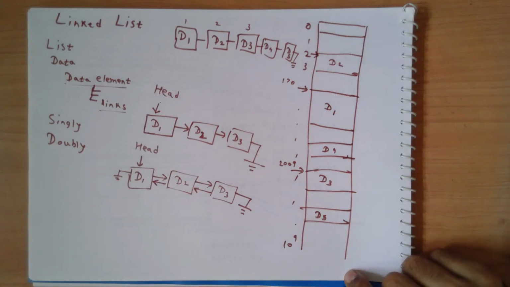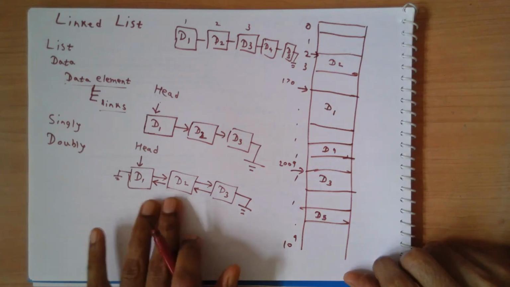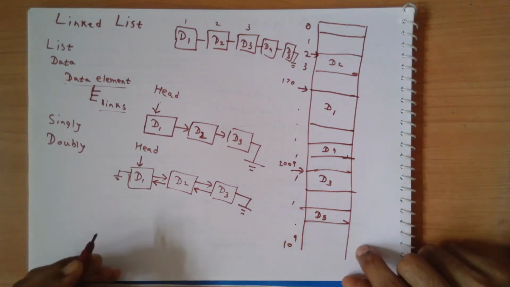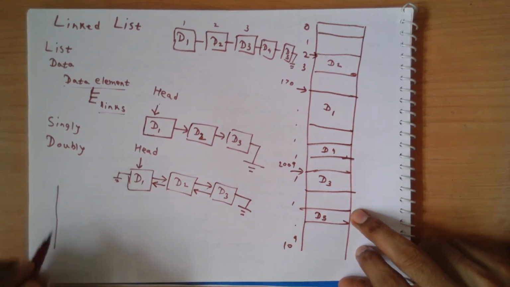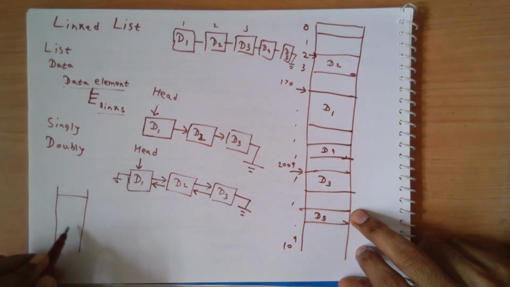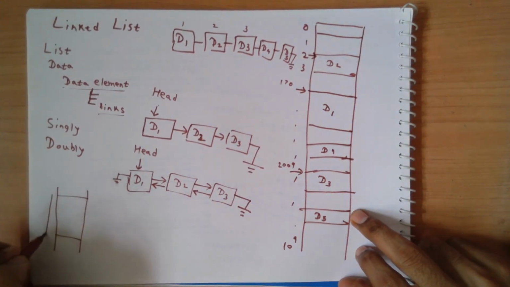So linked list is a particular way to implement your list ADT in a digital computer. It gives you the ability to add nodes and remove nodes with flexibility. If you compare this against the contiguous memory implementation of arrays, if you remember that, in arrays, whenever you created the array, it gave you a contiguous block.